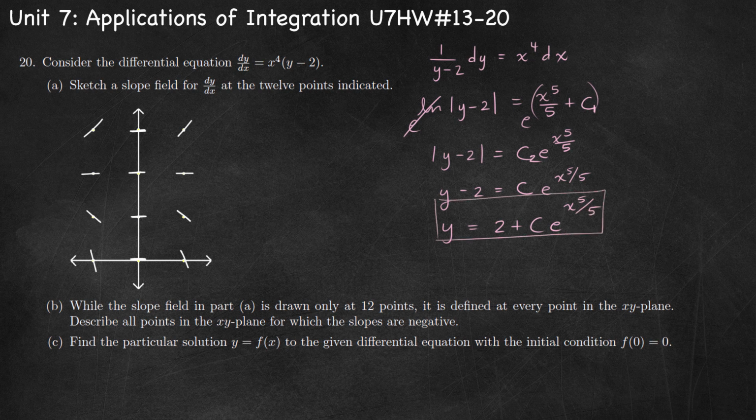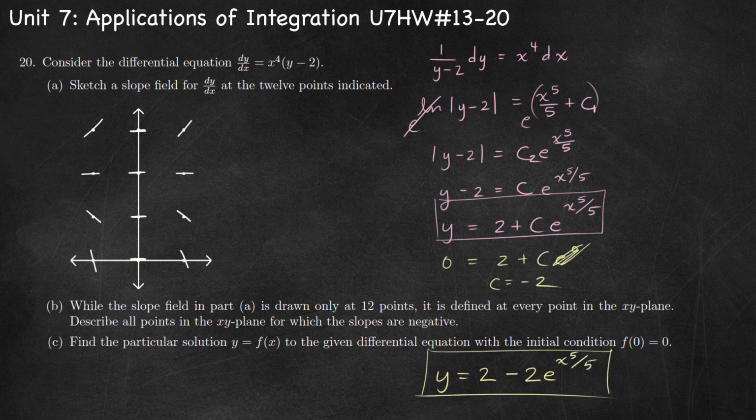And then we have initial condition 0, 0. So when x is 0, y is 0. 0 equals 2 plus ce to the 0, and that means c equals negative 2. So my particular solution, y equals 2 minus 2e to the power x to the 5th over 5 for my particular solution.